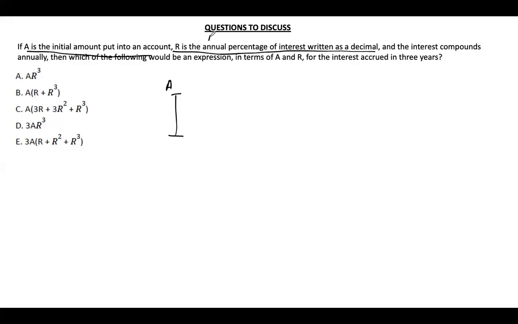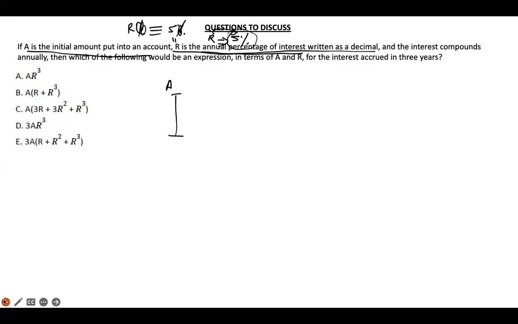Look, it says the same thing. Annual percentage of interest is, let's say, 5%, but it is written as a decimal. See, it is not that R is 5, but rather R is 5%.